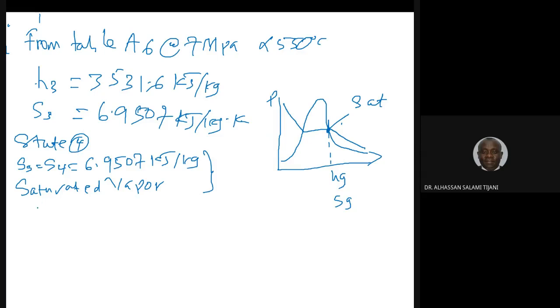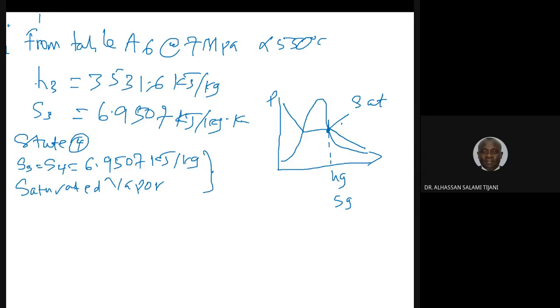I don't know if you have your property table with you, if you open to table A5. So on table A5, here we need to somehow do some interpolation. Then we take some pressure range for P4.